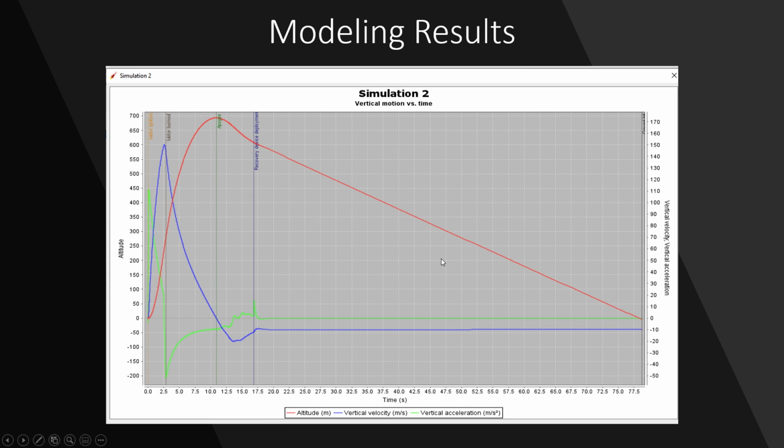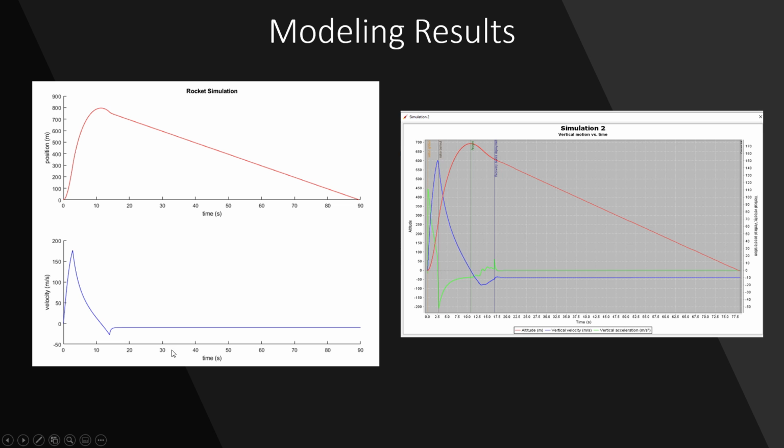Comparing this to the actual simulation from OpenRocket, we can look at the two side by side and see that there are some discrepancies. Most notably this valley right here, and I would equate this to probably being the time it takes from the ejection charge of the motor to where the parachute actually catches the air.